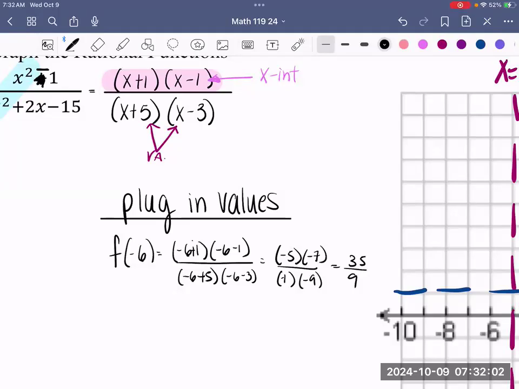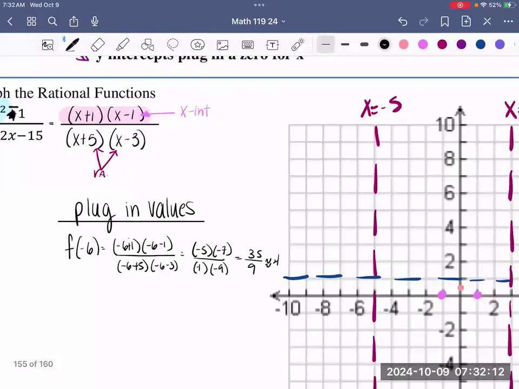So we got 35 over 9. So it's about 4, because that is a fraction that's a little hard to understand, but that's going to be about 4. So we have the point (-6, about 4). 1, 2, 3, 4. A little above 4. There we go.